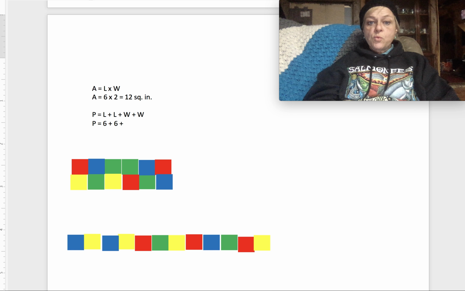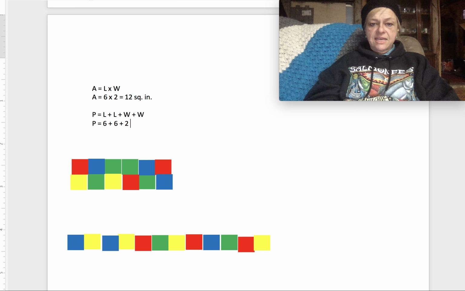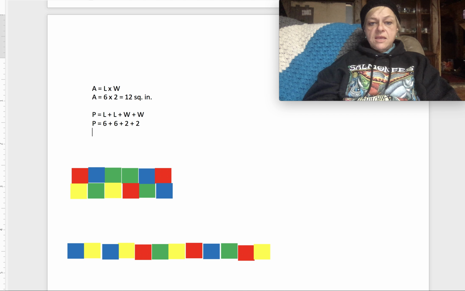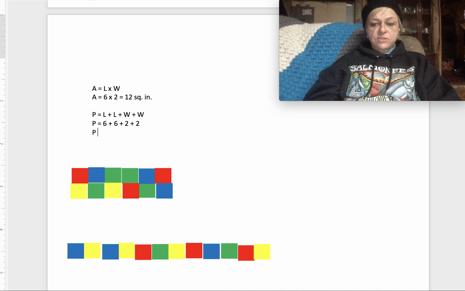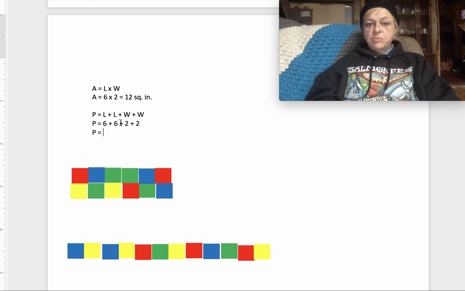So we know, look right here, we found the width earlier, it's 2. So we're going to add 2 for that side on the left, and we're going to add another 2 for what's on the right. Now we can add all of those together, and we find out that the perimeter is what? 6 plus 6 is 12, plus 2 would be 14, plus 2 more would be 16. The perimeter of this rectangle is 16 inches.